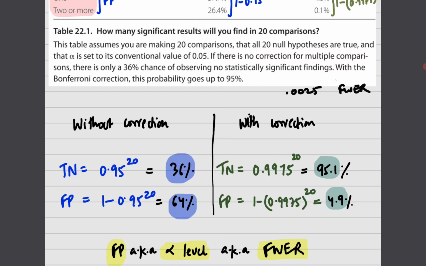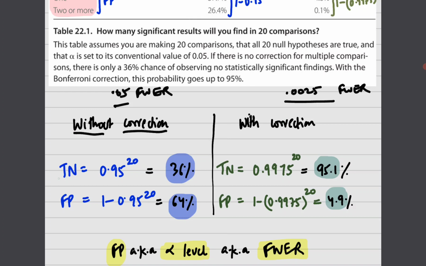Previously, without correction, the alpha level was 0.05. Calculate FWER with an alpha level of 0.05, and also with an alpha level of 0.0025. Let's first calculate without correction.